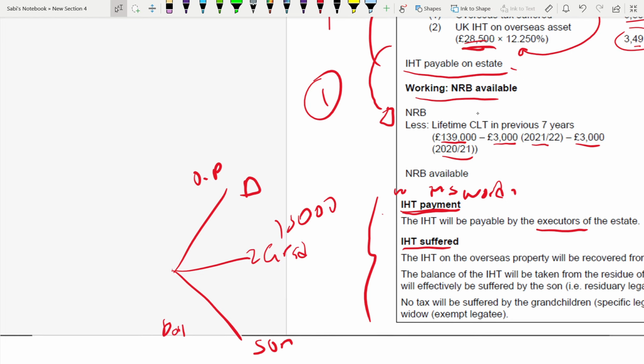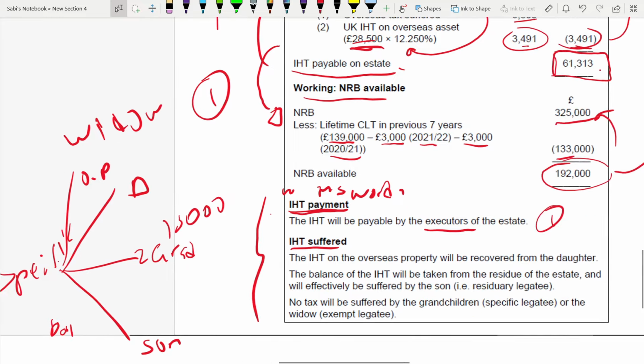They are the specific legacy. And one is of course the widow, spouse. So you have to talk about four people: the widow, the son, the two granddaughters, and the daughter, in separate paragraphs.